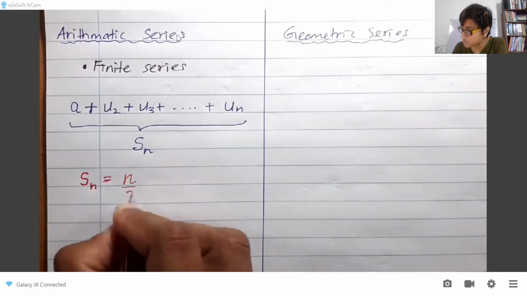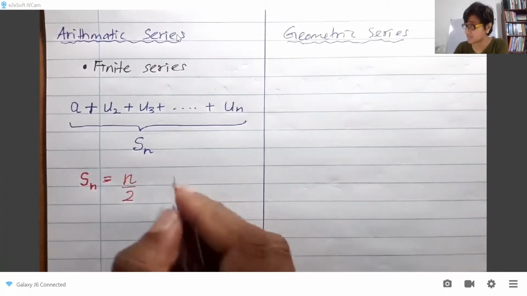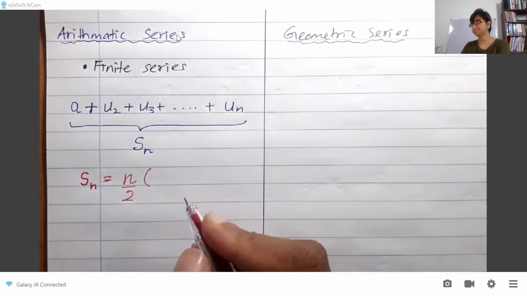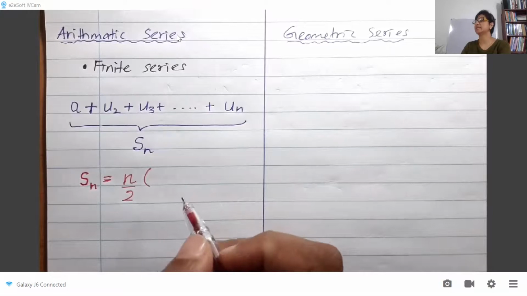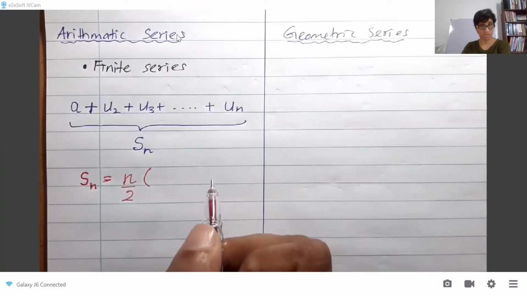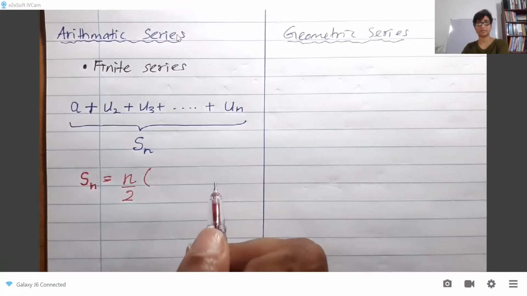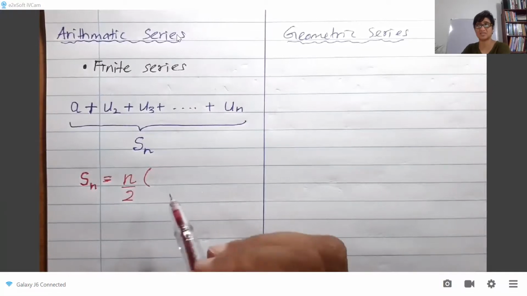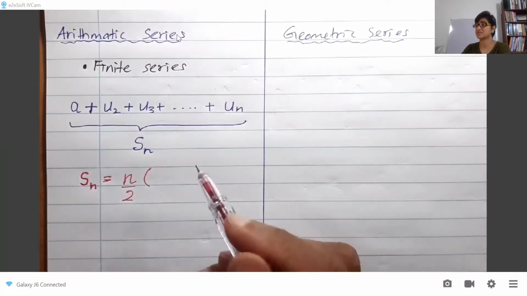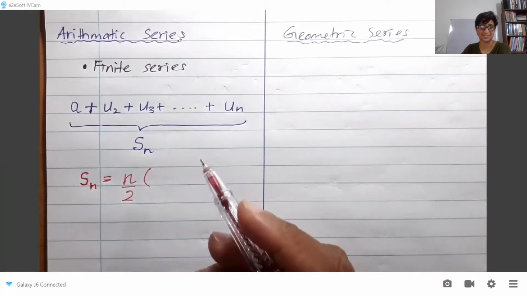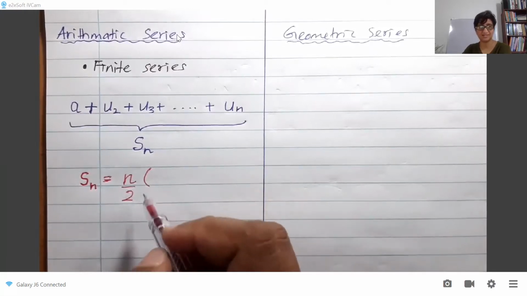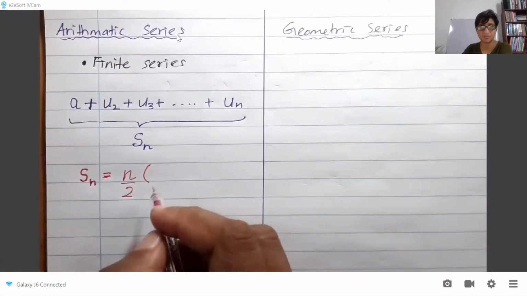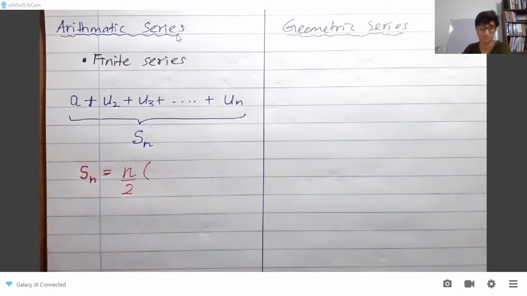n divided by 2. There is an interesting story behind this formula, about Gauss. Have you heard of a mathematician called Gauss? He discovered this formula when he was about 12, 13 years old. So it's no magic here. But unfortunately, we can't spend a lot of time talking about it, because we have a syllabus to cover.